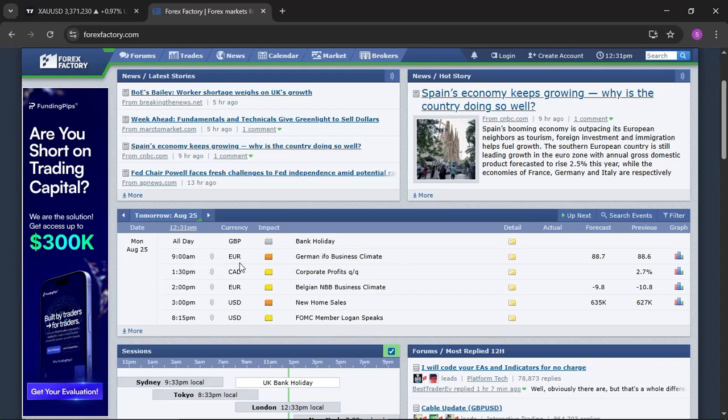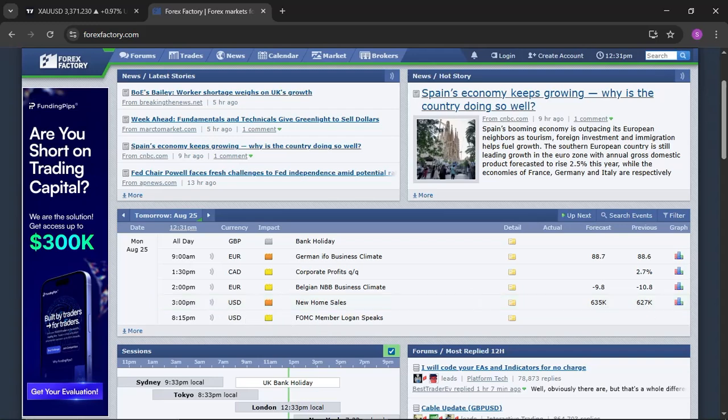So by 3 p.m. we have something that has to do with USD, which is new home sales. So you just open this and check what the news is all about. Then you check for the previous data and you check for the forecast.